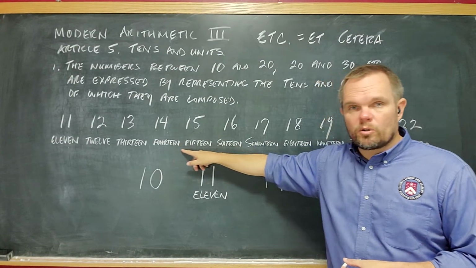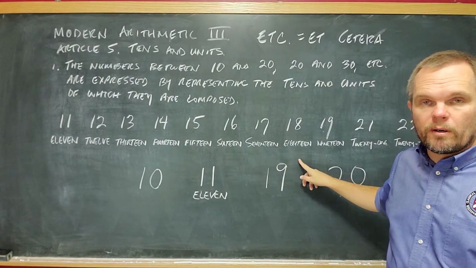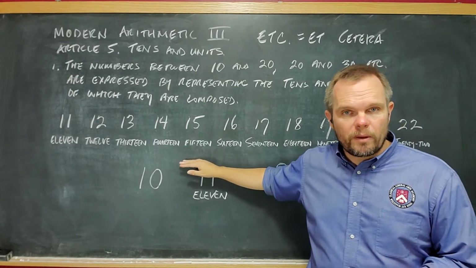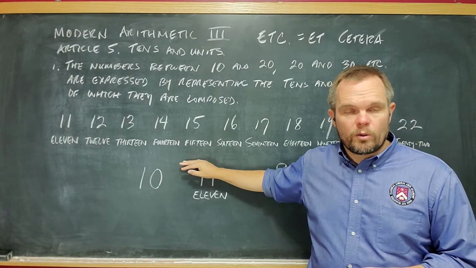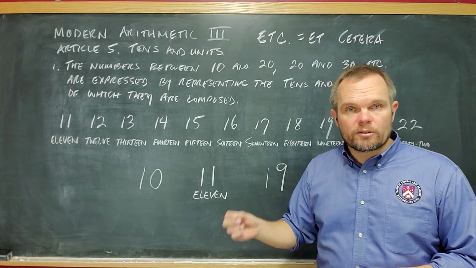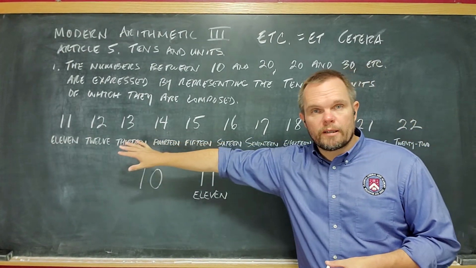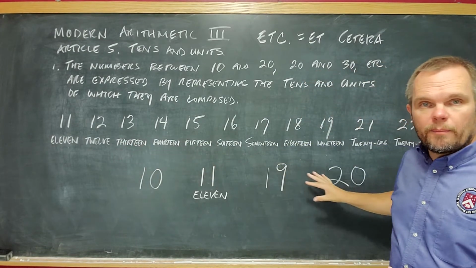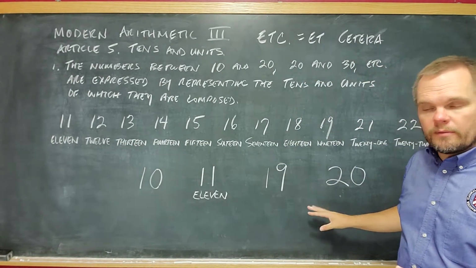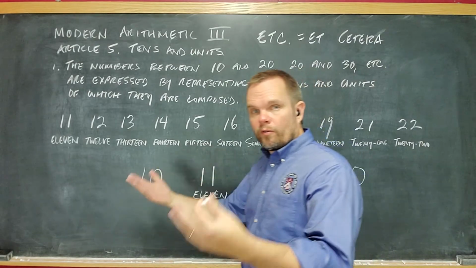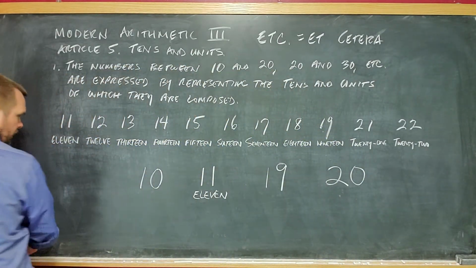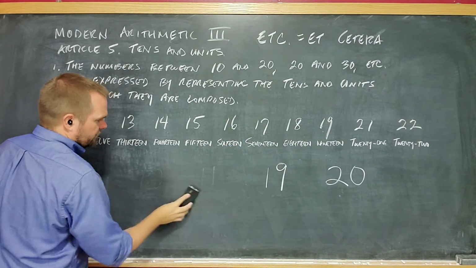So you need to make sure you have all the names of these numbers memorized and that you know how to spell them correctly. Okay? And you should be able to write any number from 1 up through 20. Now, if we want to go further, we want to count from 20 to 30.